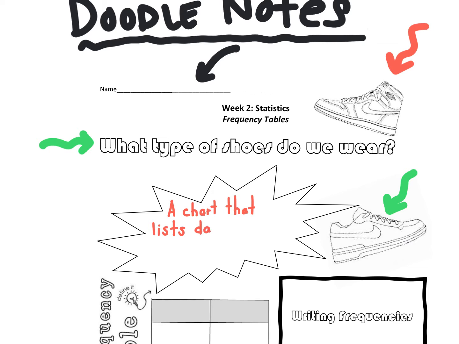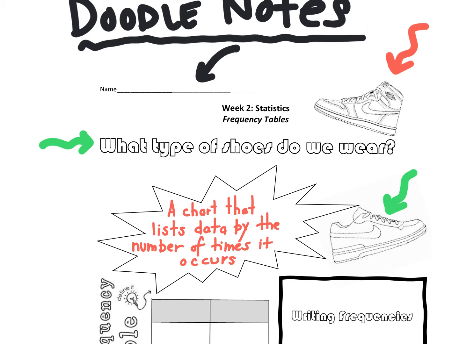That means things that you've collected that can be turned into numbers, by the number of times it occurs. So take a moment and finish writing that. A frequency table is a chart that lists data by the number of times it occurs.